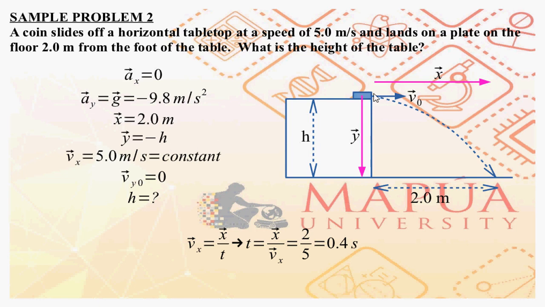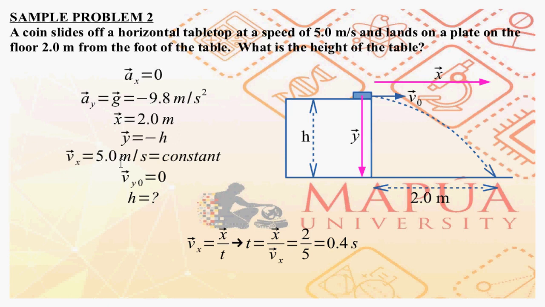The coin is sliding on the horizontal table. So when it slides off the table, the velocity of the coin is horizontal. So all of V naught, 5 meters per second, is in the x component, positive direction. So Vx is equal to 5 meters per second.